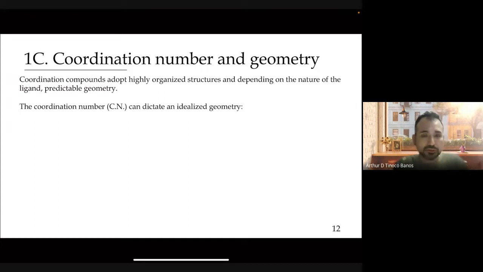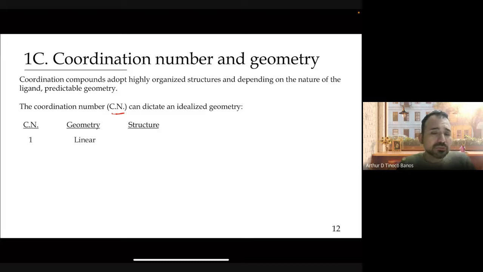That is absolutely true, no matter what. We'll see in terms of how they can crystallize, you will see these organized structures. And depending on the nature of the ligand, they can induce a predictable geometry. So coordination number, abbreviated as CN, can dictate an idealized geometry.